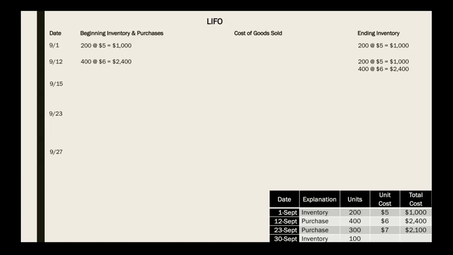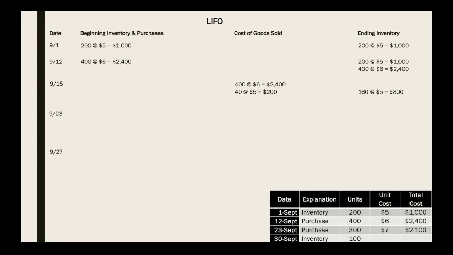So here on the 15th, we made a sale. We sold 440 units. And this is where things start to change. Under LIFO, the first units that we sell are the last ones that came in. Last in, first out.